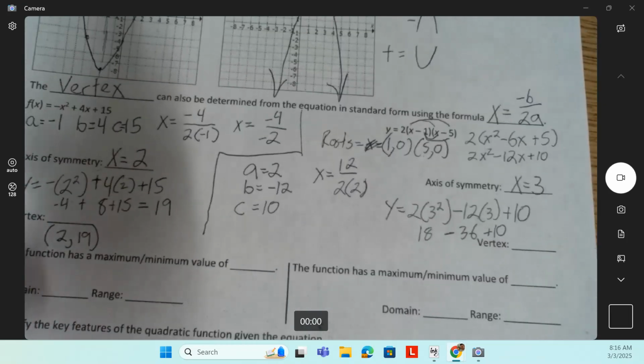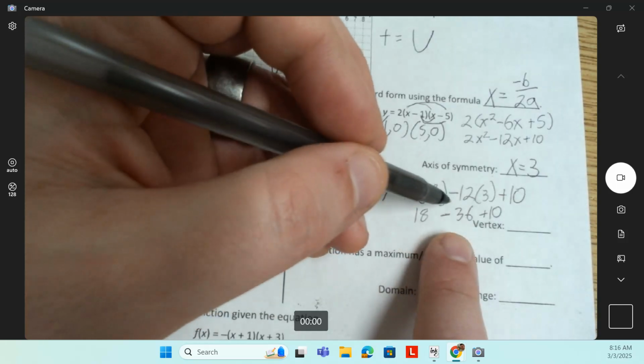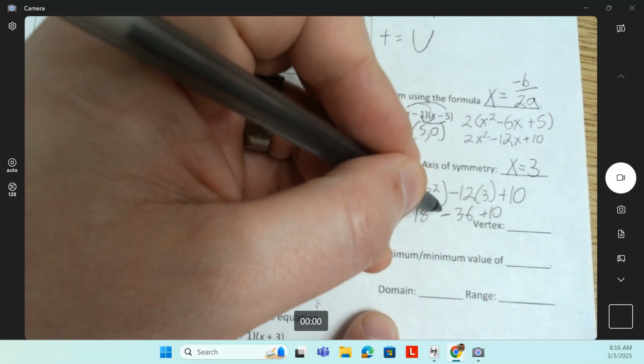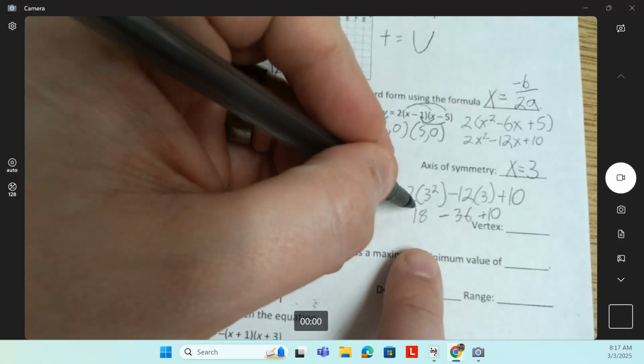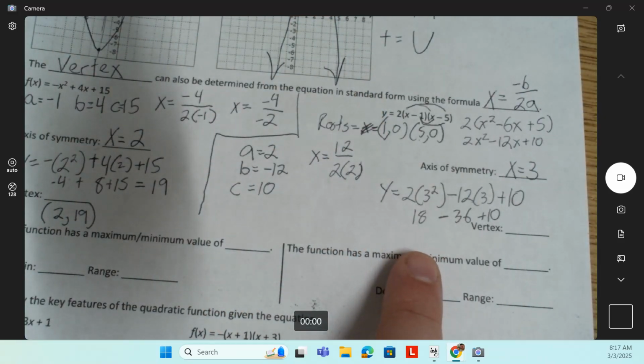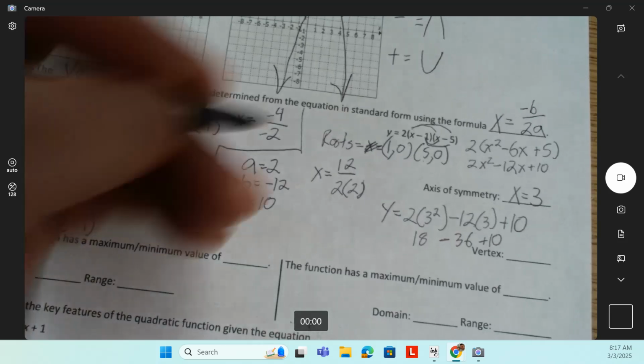So when we finish calculating that out, I've got 18 minus 36 plus 10. So that'd be 28 and a negative 36, which gives me a negative 8.